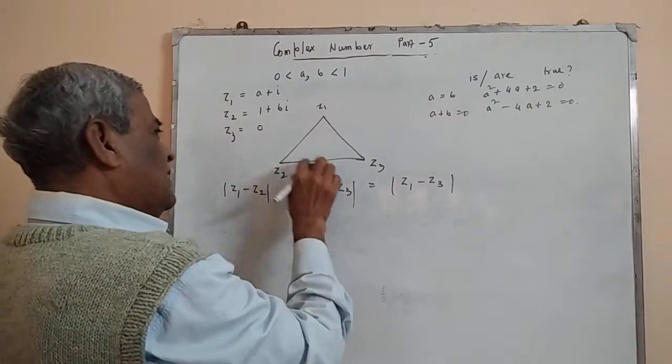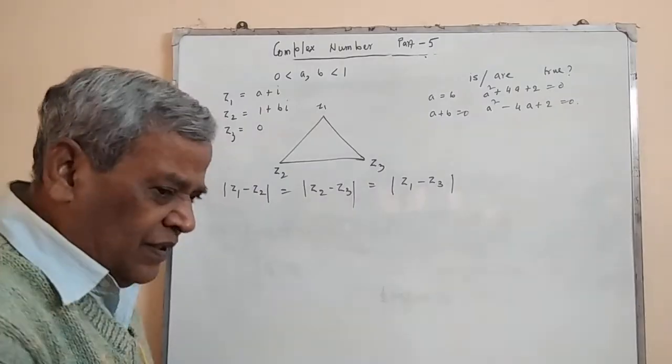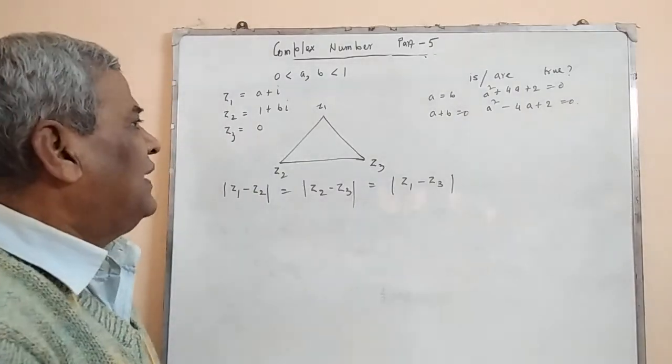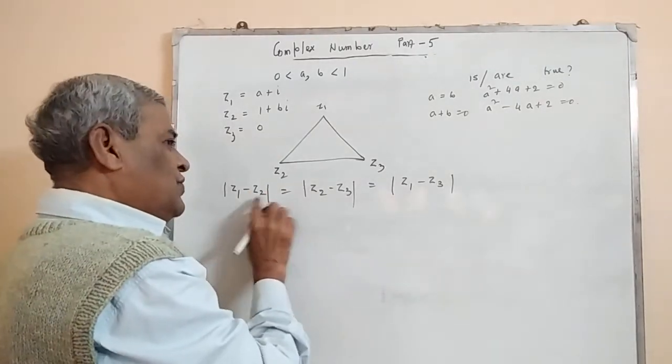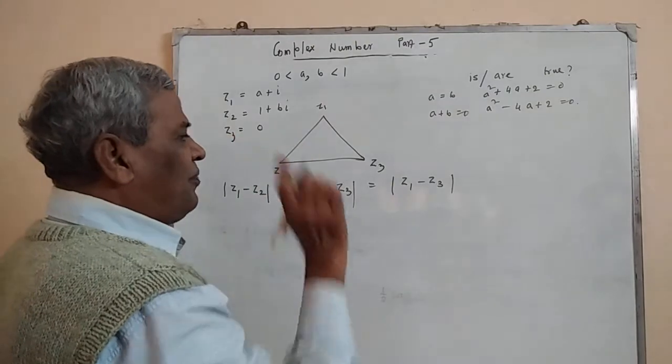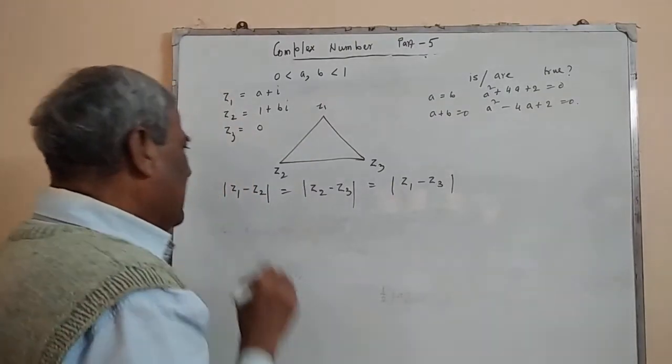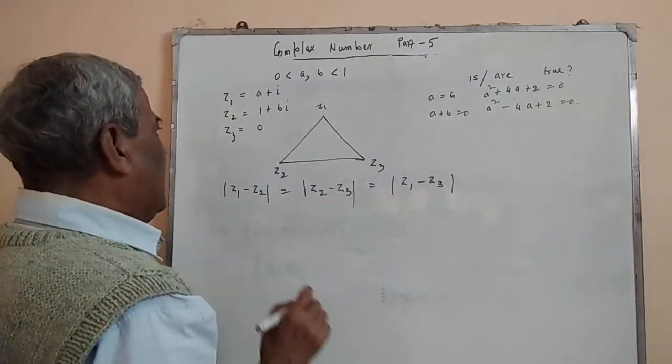Because they form an equilateral triangle, the lengths of the sides are all equal. This is equal to this is equal to that.